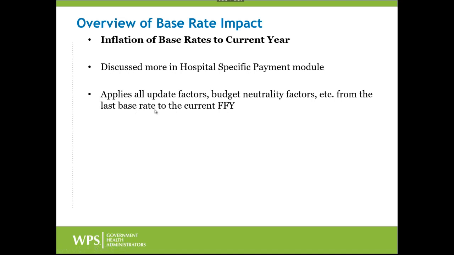You'll never have a starting point of the 1982 rate, or certainly you would not have for a very long time, because every so often, as we'll see in just a little bit, those rates get either rebased to a newer year or they get brought forward, just inflated up to a new starting point. Again, that'll make more sense in just a little bit, but my point is whatever base rate you have, you need to apply the update factors to get to the current federal fiscal year.